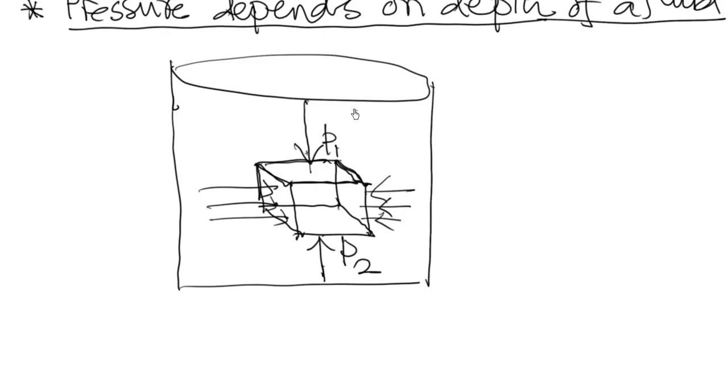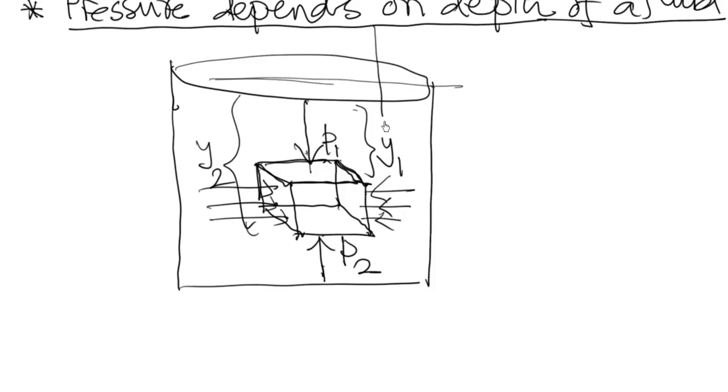And let us suppose that this depth is y1 and this is y2, and we consider a coordinate system with the air-fluid surface, for example, this fluid is a liquid, as the origin, and the positive direction is upward and the negative direction is downward.